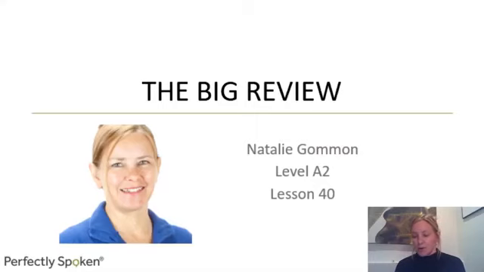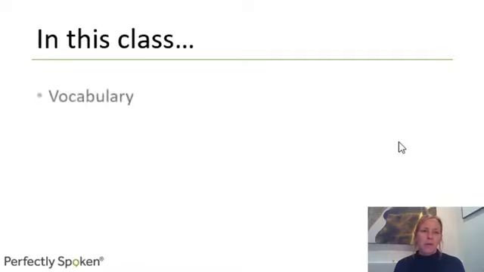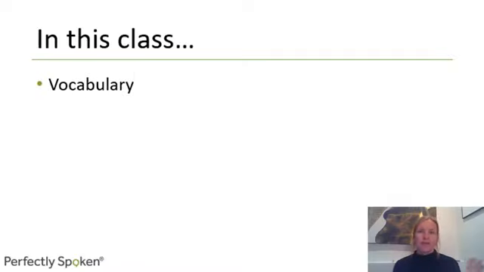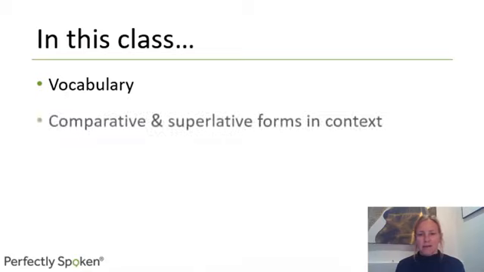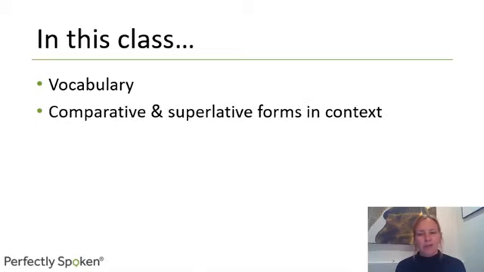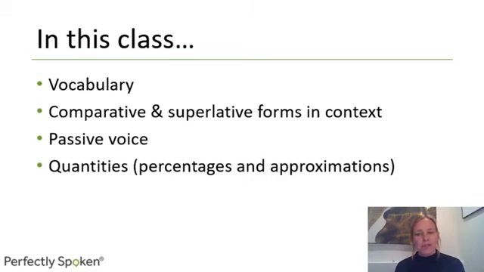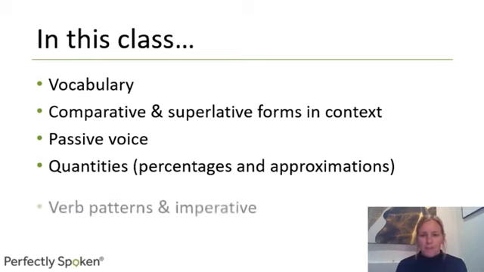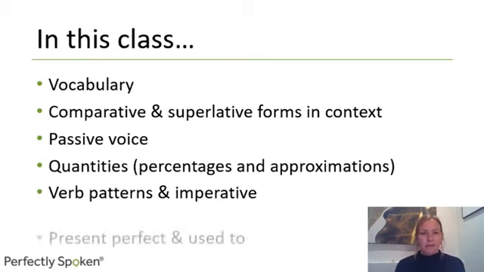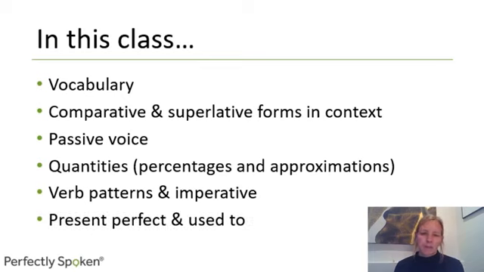All right, so let's have a look at just some of the things we're going to do in the review class today. First, a little vocabulary exercise. Then we'll look at comparative and superlative forms in context. We will look at passive voice, quantities, percentages, and approximations, verb patterns and imperative, and present perfect and used to.